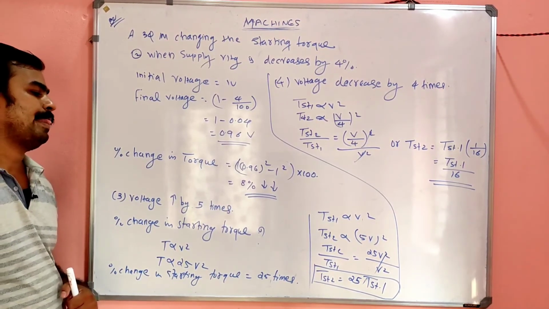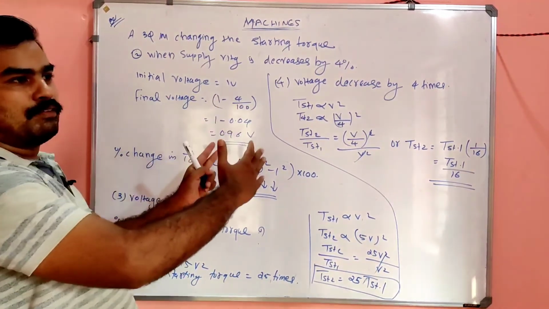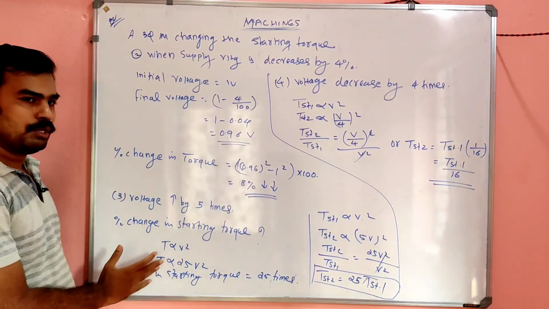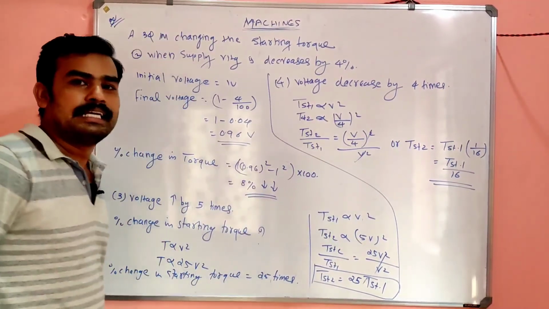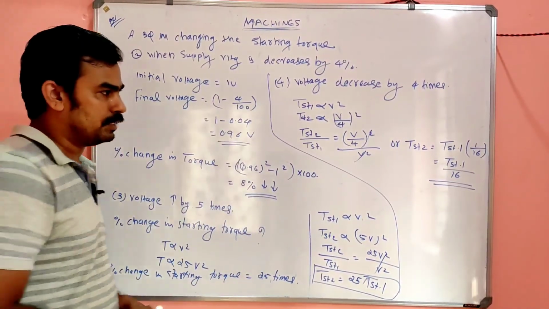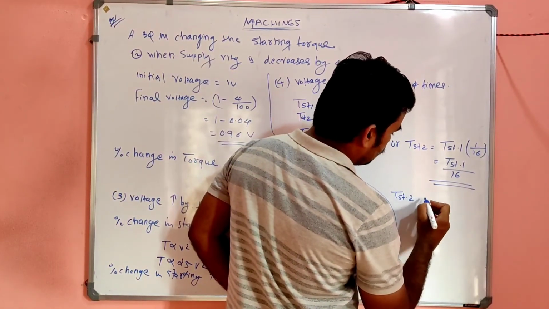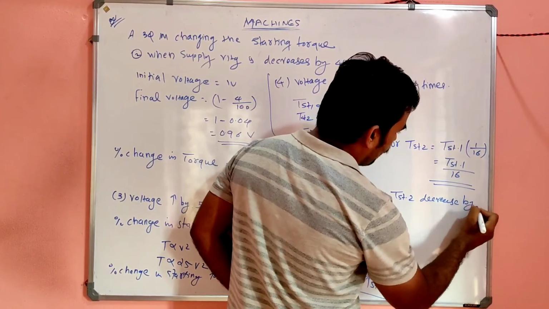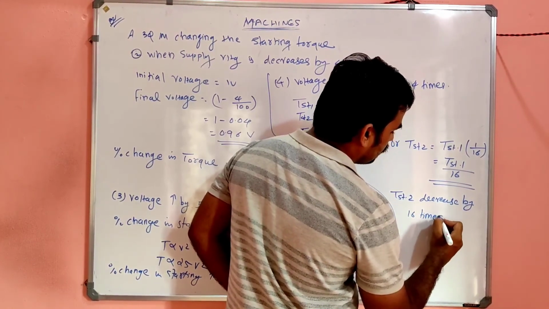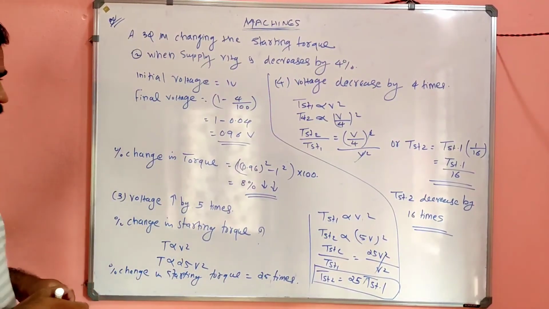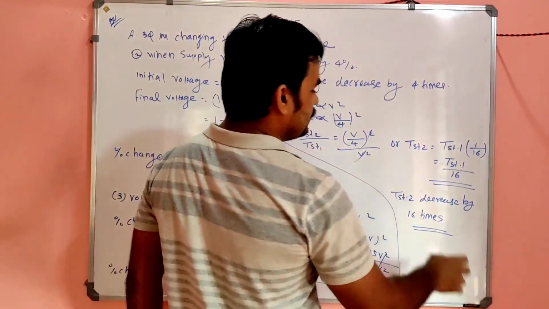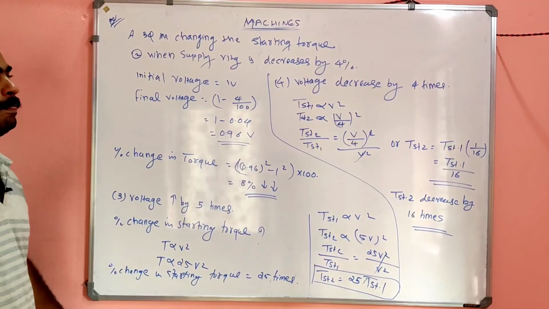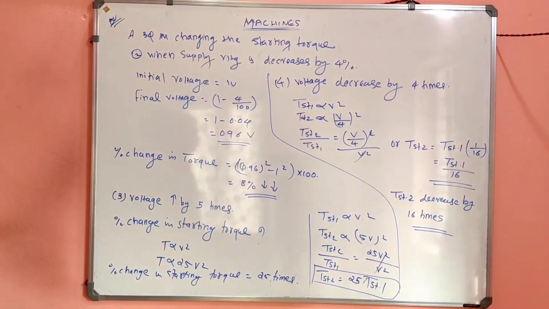Here you can also go for initial voltage square minus final voltage square, but division is very easy. So T start 2 decreases by 16 times. Here T start 2 increases by 25 times, and here it decreases by 16 times. In this manner also you can solve.